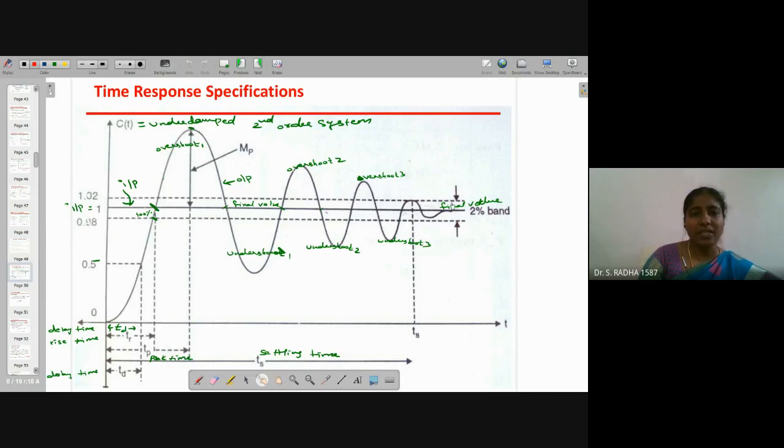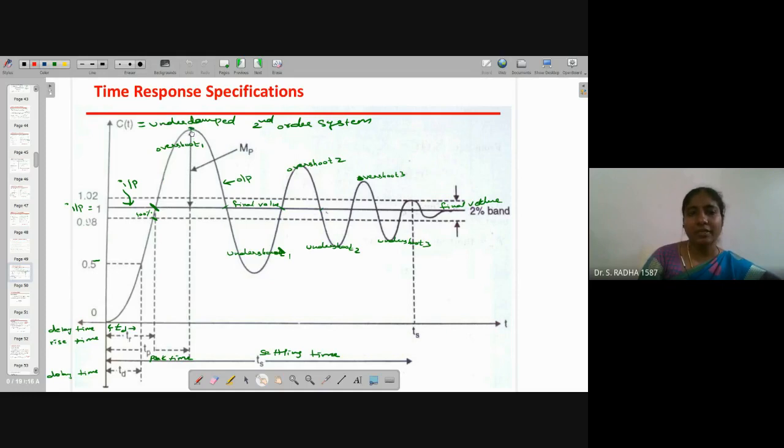C of infinite means at infinity you can see what the output graph is, it is reaching 1. So C of infinite means the graph at infinite time, and that is nothing but 1. This arrow mark, the numerator I have calculated, is the maximum value C of TP minus C of infinite, this value 1.